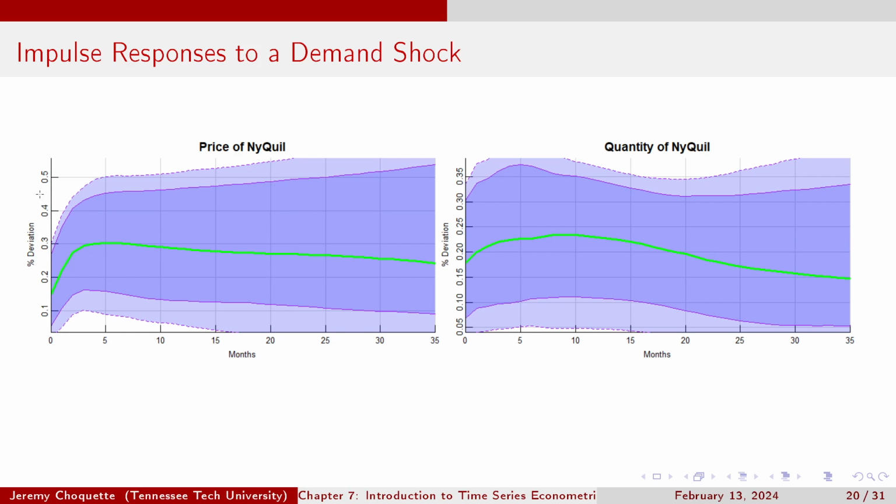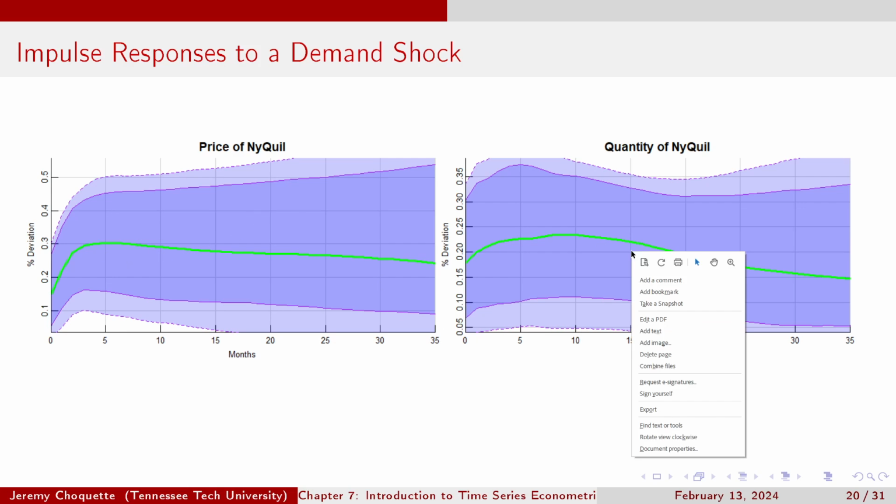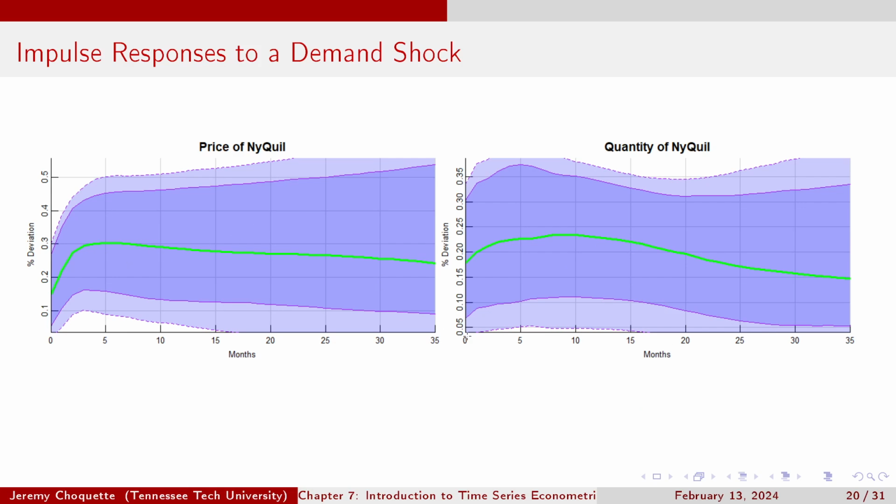Look at the vertical axis, 0.01, 0.02, 0.03. These are obviously positive values, so it increases. Okay, let's look at the quantity of NyQuil. What did that do? That also increased. If it's a demand shock, you expect that: if the price goes up, the quantity should also go up. So again, we're at t equals 0 and whoop, it jumps up. You have an increase in both the price and the quantity of NyQuil.